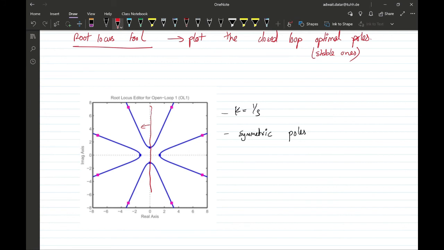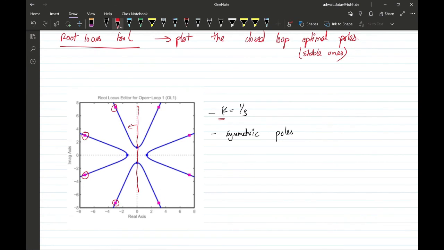So for example, if we now choose a particular value of k, we get the closed loop pole locations at these points. And now we can select the value of k such that all poles are to the left of the point -3, which is somewhere here, denoted by the pink squares.